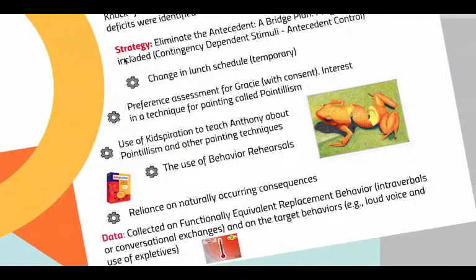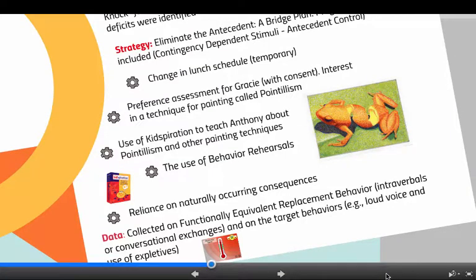We taught him about the history of the painting form. We taught him about artists that were known for their work in pointillism. We talked about the historical roots and the years in which it was a very popular form of painting. We taught him about the materials that were needed in order to create the particular art form.